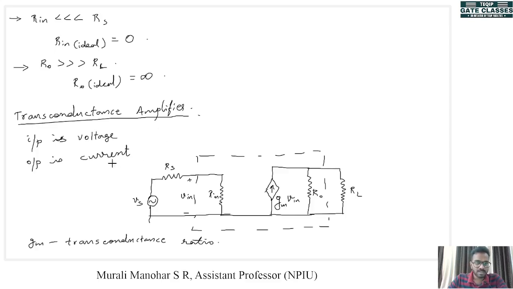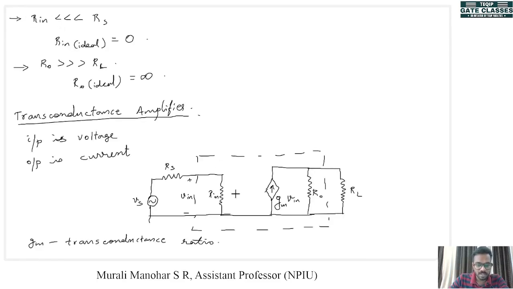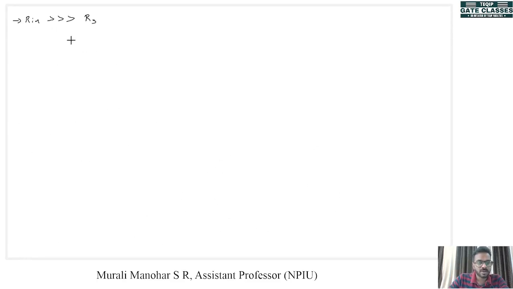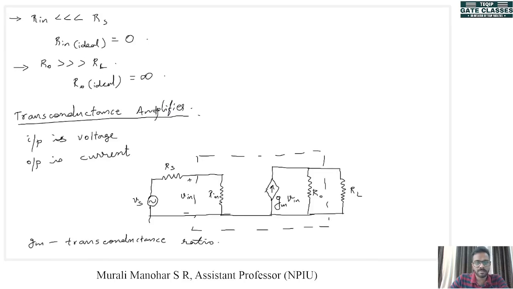Now we can see how Rin and R out should look like. In this case, again Rin must be very much higher than Rs, or Rin ideal must be equal to infinity. R out must be very much greater than RL, so R out ideal will be equal to infinity.